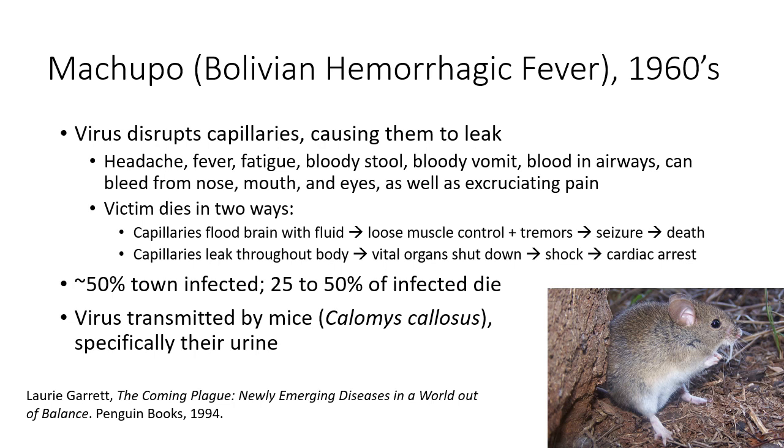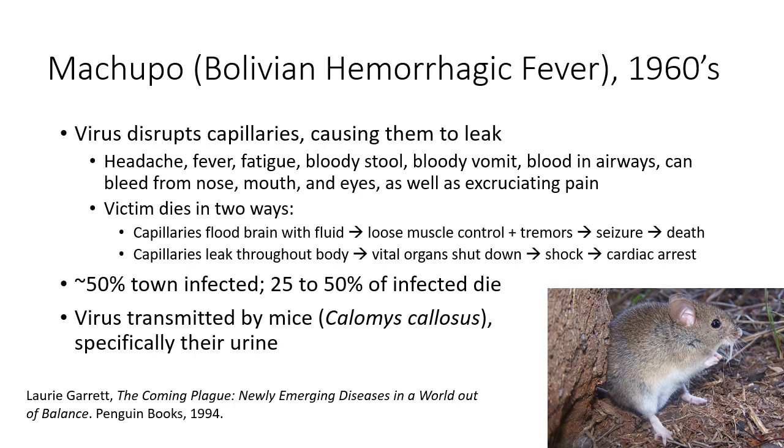Now this virus is a hemorrhagic fever, meaning that the capillaries essentially fail. I believe in this case, the diameter of the capillaries increases so much that the lining of the capillaries becomes really, really thin and allows blood to leak into the interstitial tissue.